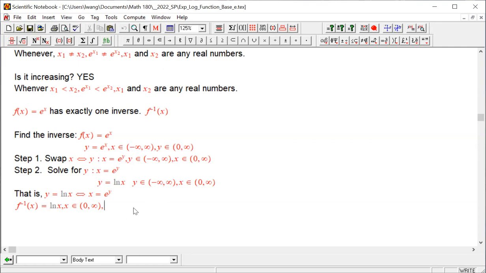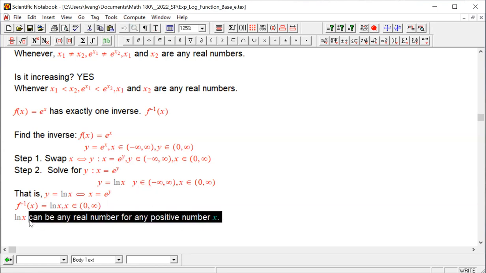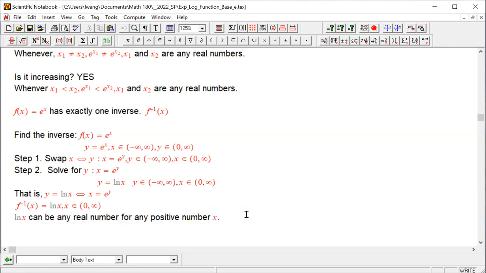So we can also say that ln x can be any real number for any positive number. I really want you guys to write down this statement and think about it, because this is domain and range combined. Make sure it makes sense to you.